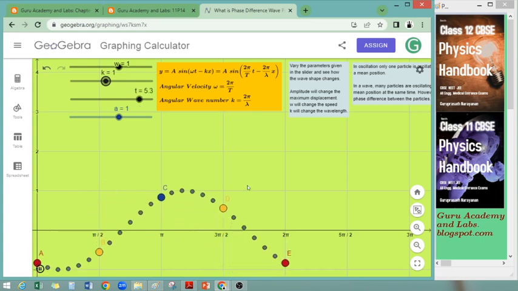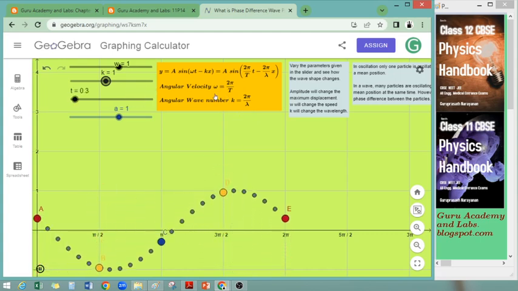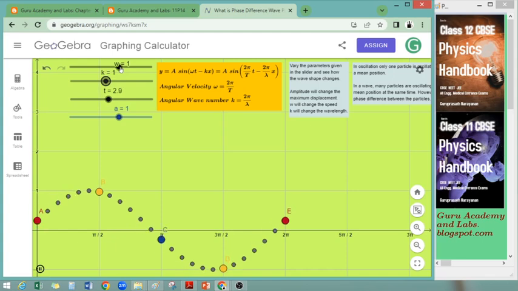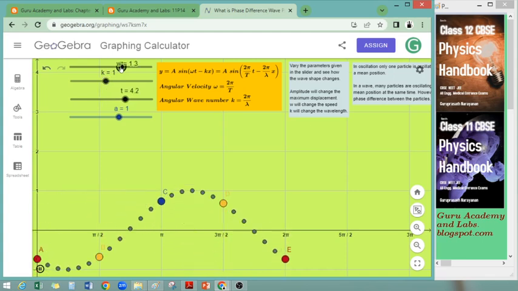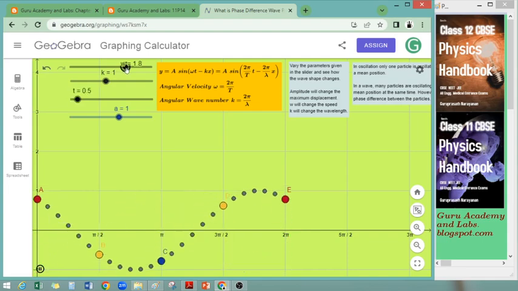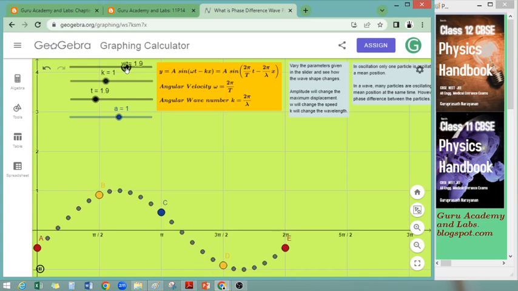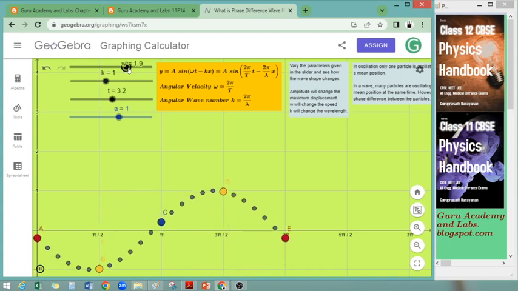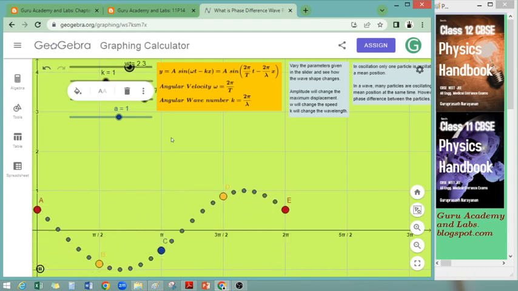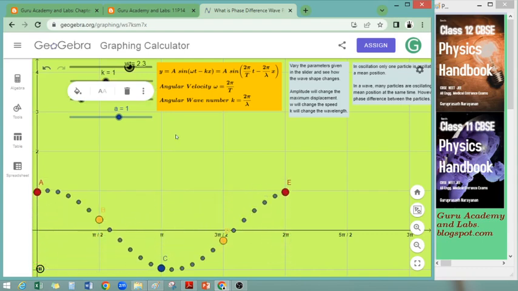The main purpose of the simulation is to show you what happens when you change the omega. I have some sliders here. If I increase the omega, see what happens. As you can imagine, as omega increases, the speed of oscillation has increased.